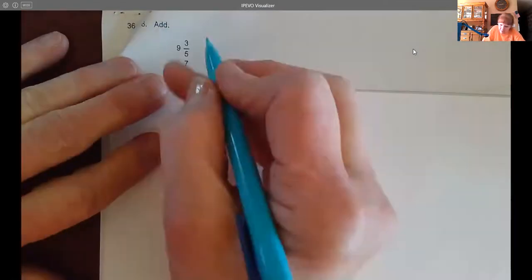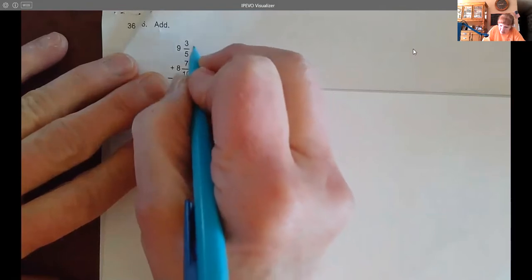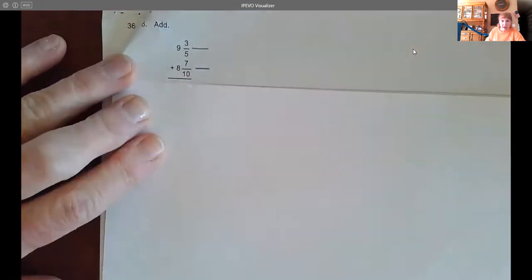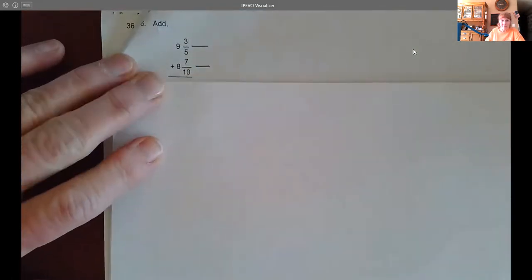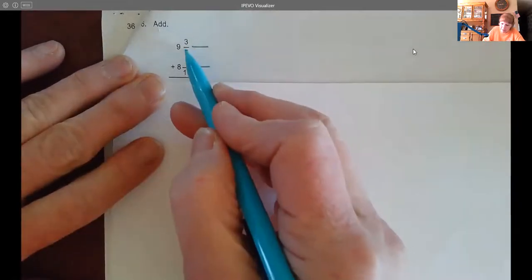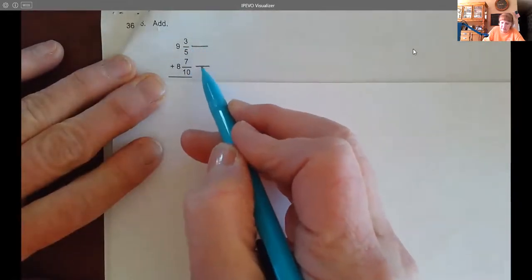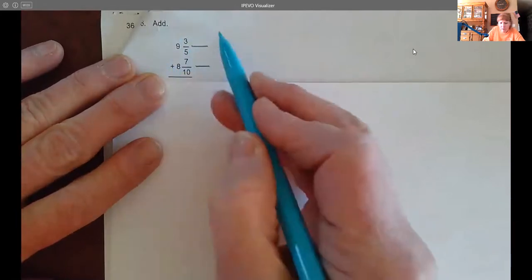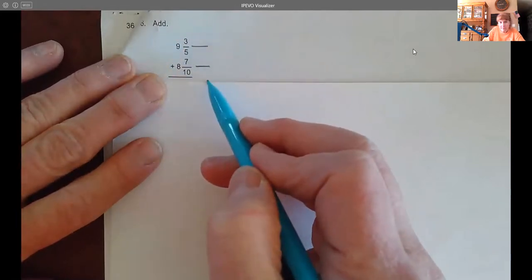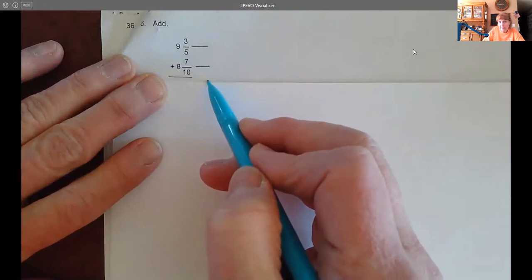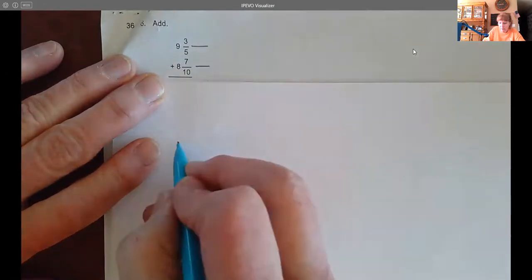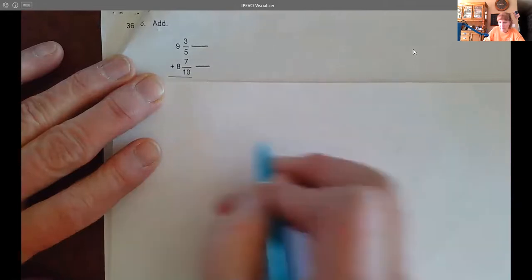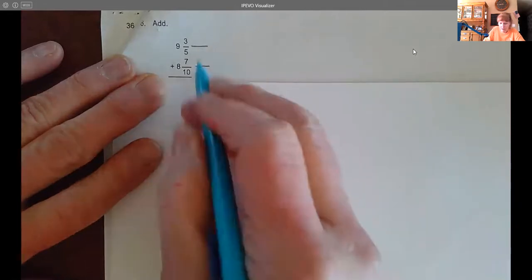So here, the common denominator I'm going to get is 10. All right, so I'm going to find the common denominator off at the side rather than underneath. We normally only use this method for mixed numerals. When you get into algebra, they'll be along in a row rather than a column.